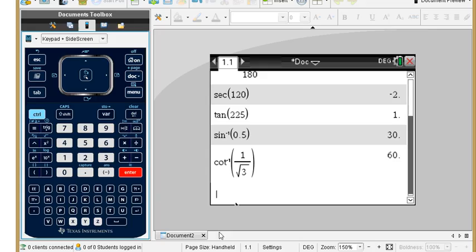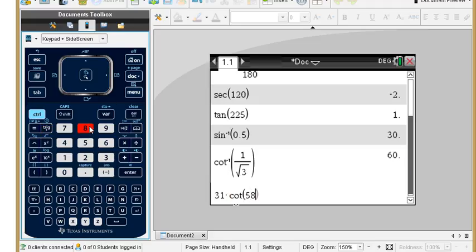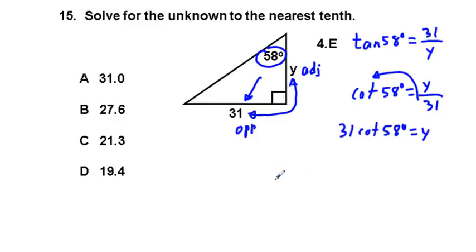So we go to our calculator. 31 times cotangent 58 degrees is 19.4 rounded. So 19.4, that's your choice D.